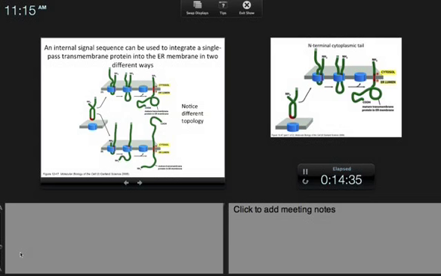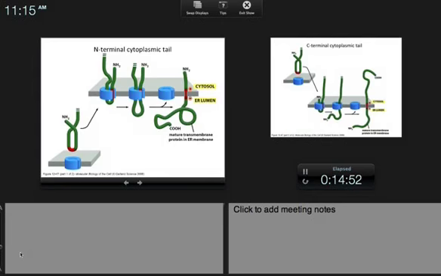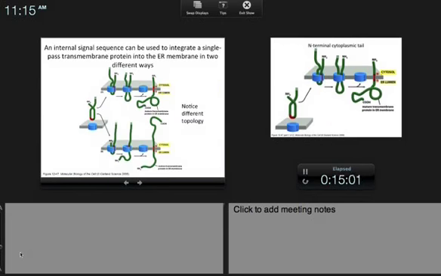Okay, and I'm going to keep mentioning the word topology, and that's really what I'm referring to, what's on what side. And remember, it's going to stay all the way to the plasma membrane. So this is just a zoom in of how that looks. You would have your internal signal sequence, acting as the stop transfer sequence, and that's going to bind right here.